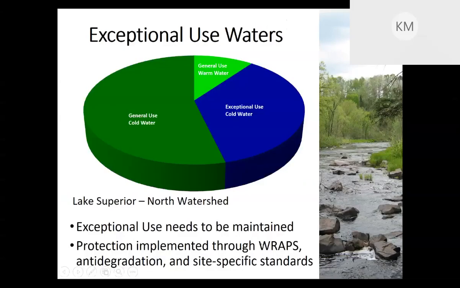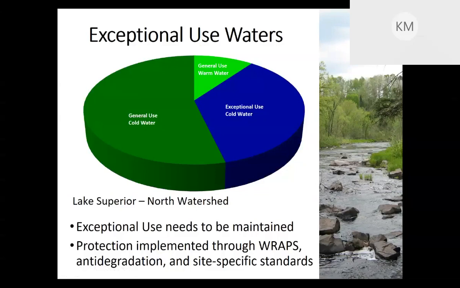The exceptional use waters, those are just the opposite. In the far north, we have the Lake Superior watershed here. More than a third of the streams that we've monitored within that watershed fall into that exceptional use category. So the strategy there is a little bit different. Basically, you have systems that are meeting your goals, so you're shifting toward protection strategies.